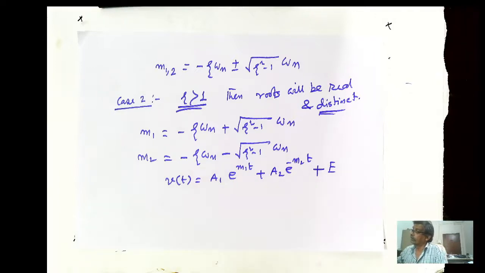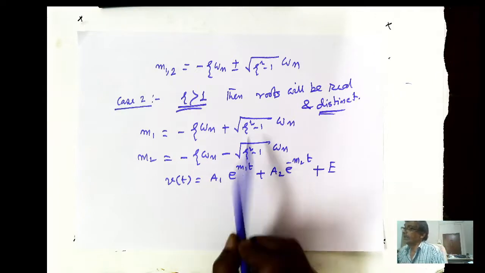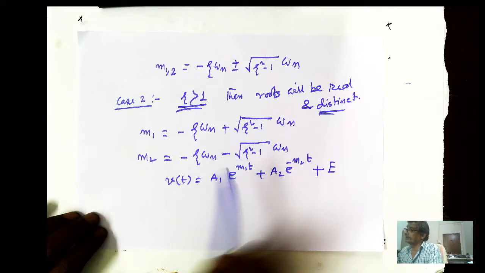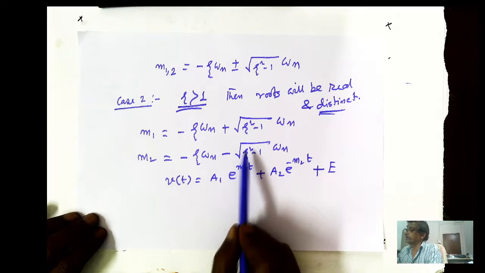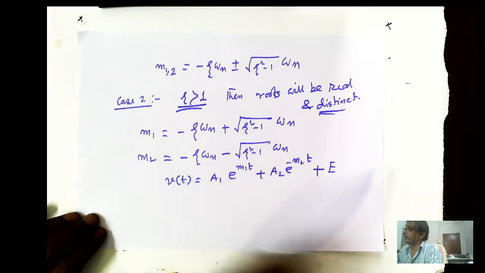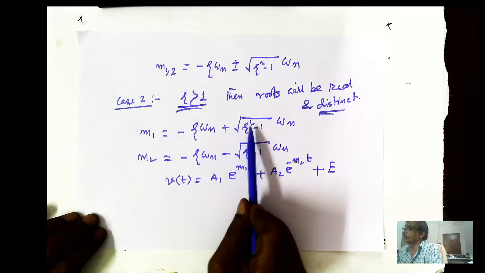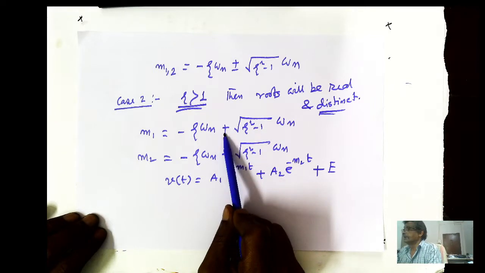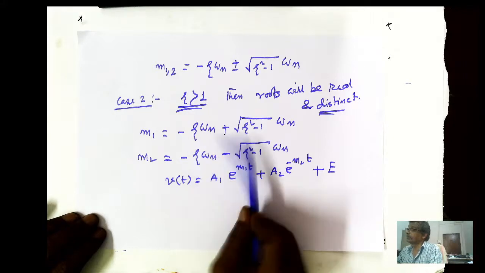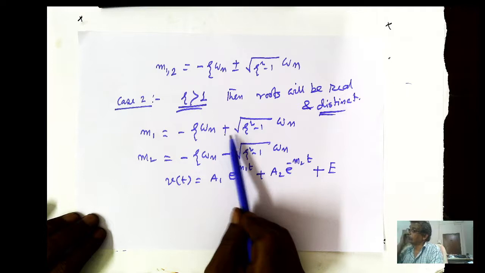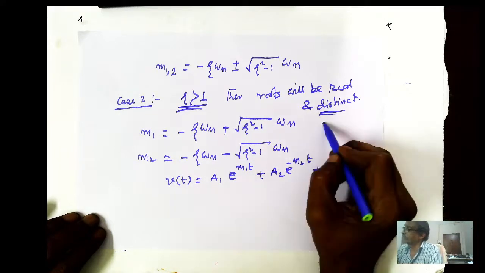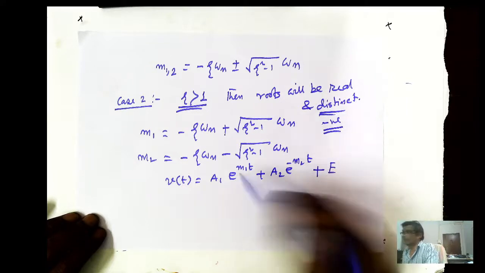Mind you, both these roots will be negative, because zeta is positive and this number under the root is positive, but it is less than zeta omega n, because you are subtracting one before taking the root. So both roots are negative, but the time constants involved may be different.